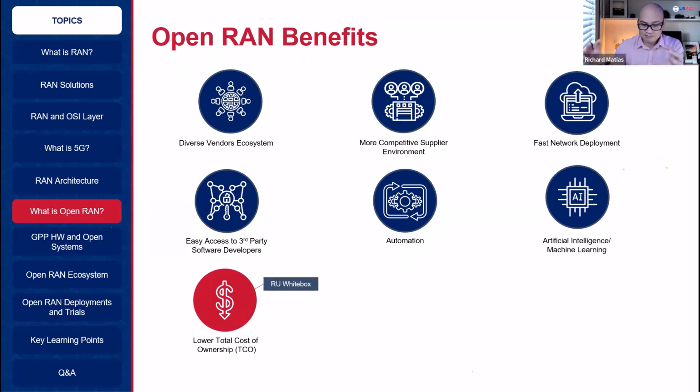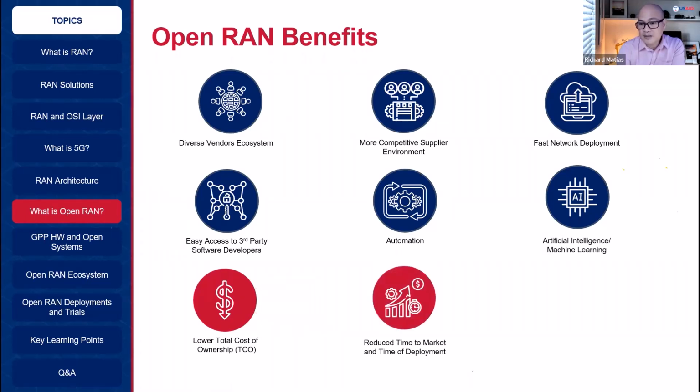You will buy white box RRUs, which are lower in cost compared to the RRUs of the traditional vendors. You can also buy COTS servers, like the ones we introduced in the BBU, such as x86 processors. There is also the CI/CD, continuous integration and continuous deployment approach, in testing and validation of software, and reduced time to market and time of deployment.